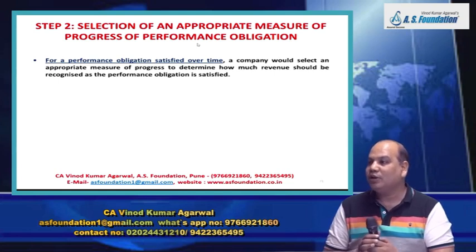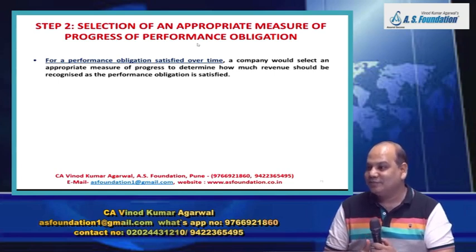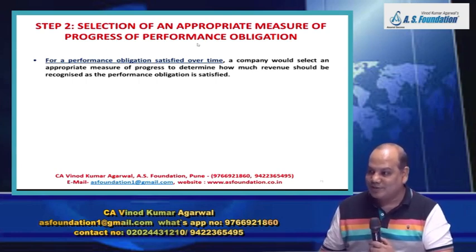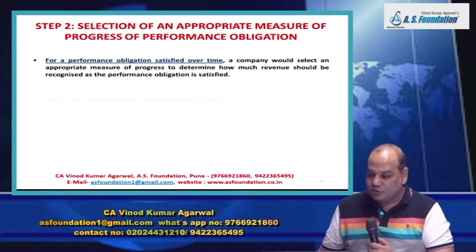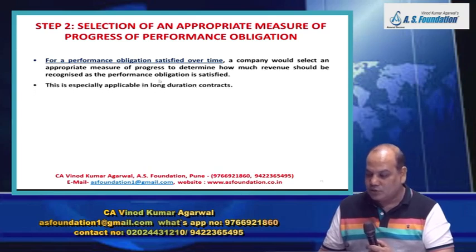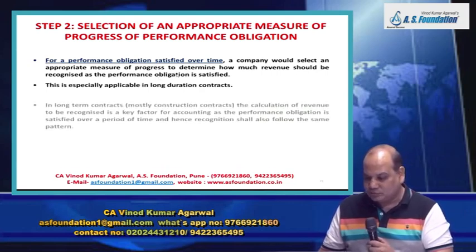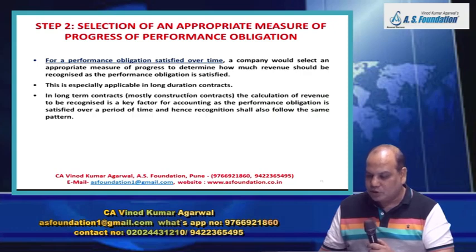Will you allocate it equally over 3 years? Or on the basis of stage of completion? Stage. But how do you compute the stage? Okay. So measurement of the stage of completion is also a very important aspect in revenue recognition, especially in long duration contracts.